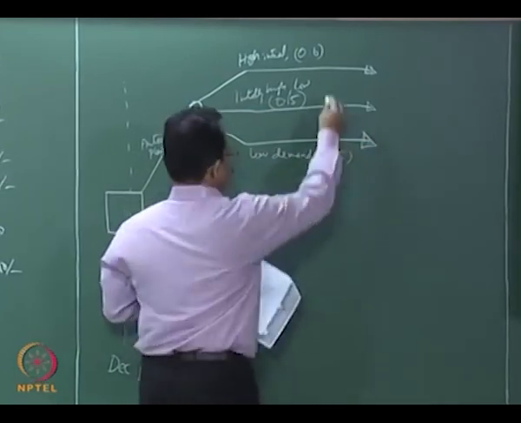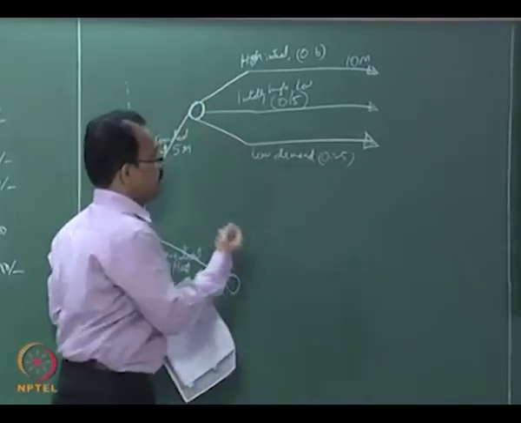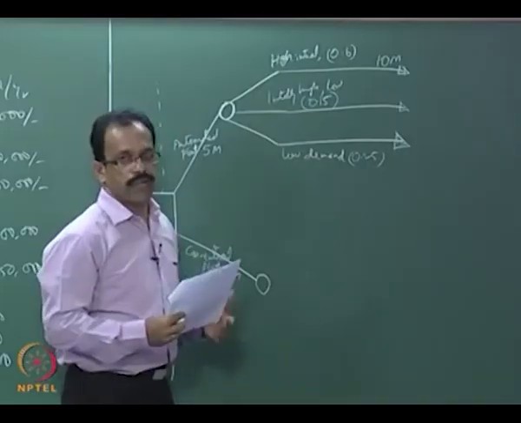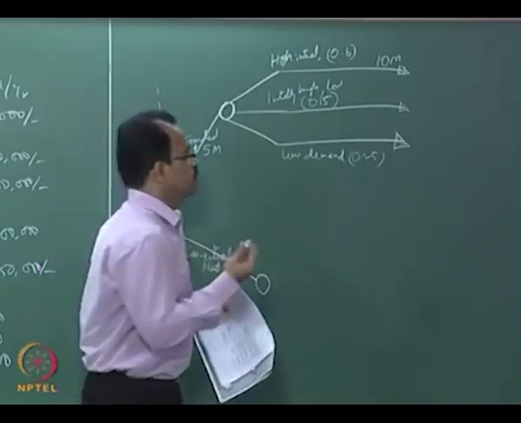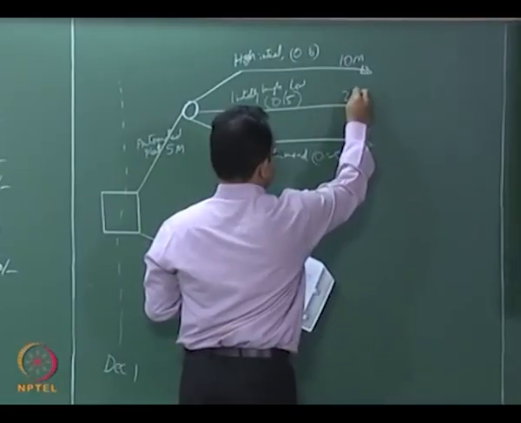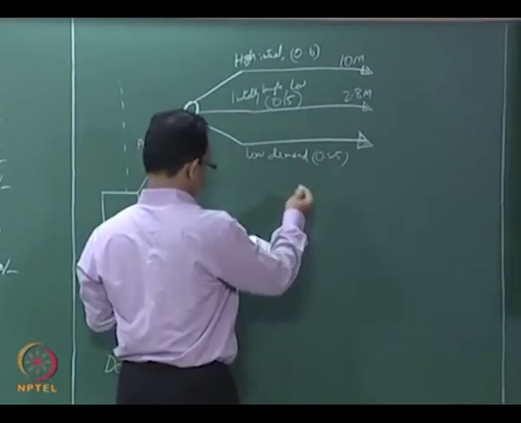So here the revenue is 10 million for 10 years. So the plant life is assumed to be 10 years, and so 1 million per annum. We assume that the total revenue is 10 million. Now here the revenue is 2.8 million for 8 years.